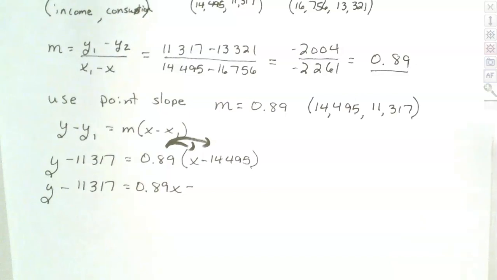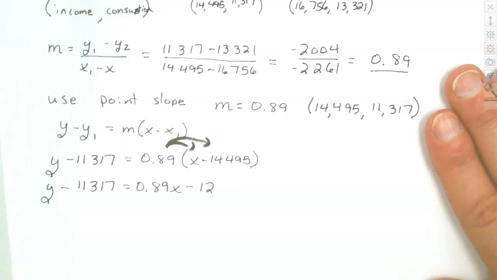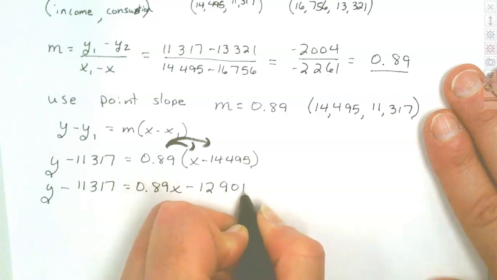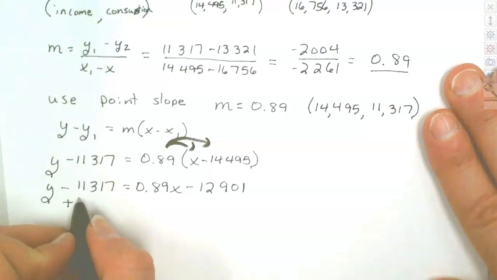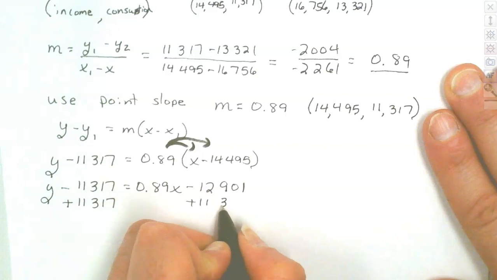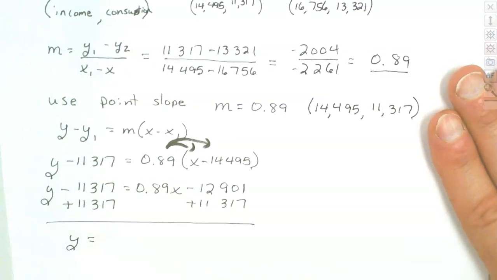And if we round out, that looks like 12,000. If we round 901. And we'll go ahead and add that 11,317 to both sides. And then we've got our function of y.